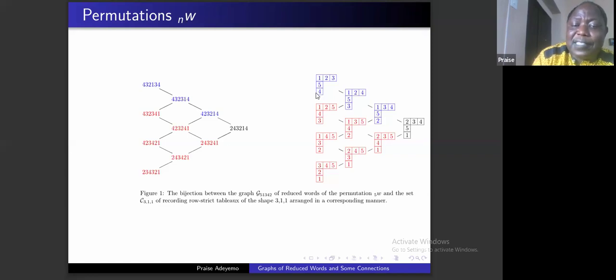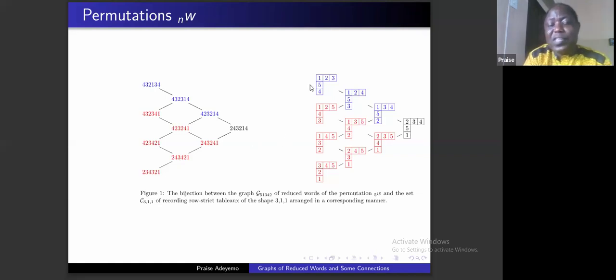This tells you that you have an ascent at position 4 and an ascent at position 5, but descents at position 1, position 2, and position 3. That is the interpretation we can see. The 2 here goes to this, the 3 here goes to this one, and there's only one, and that is what we have here.